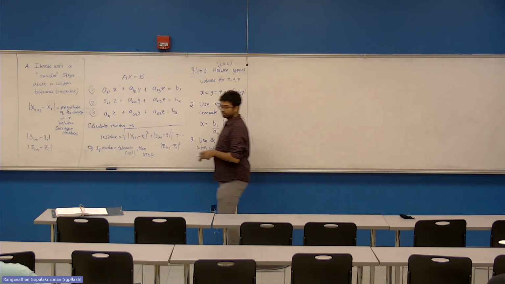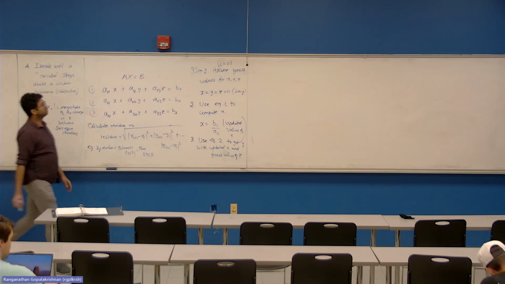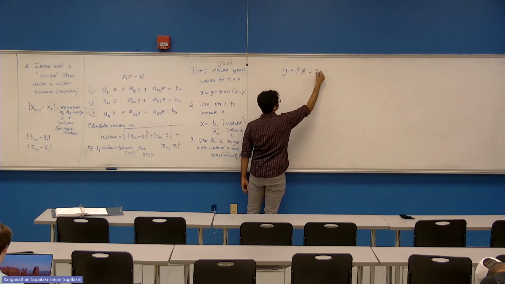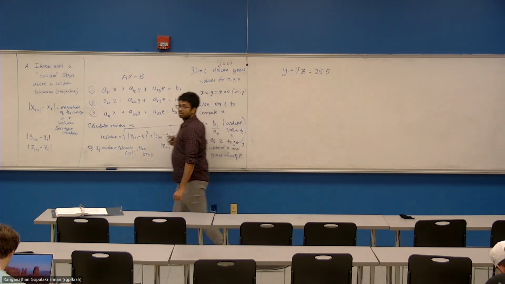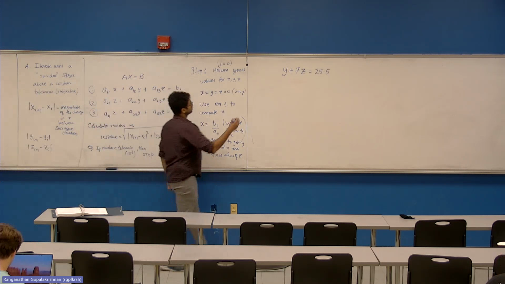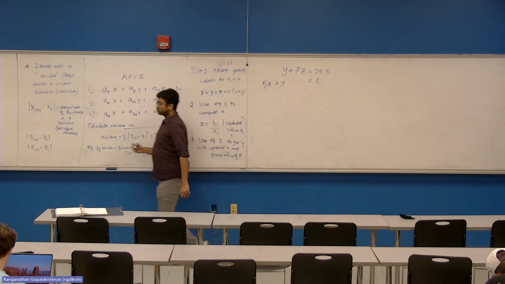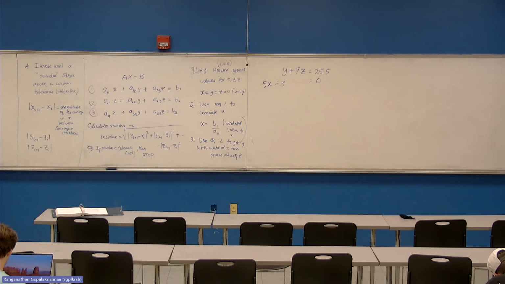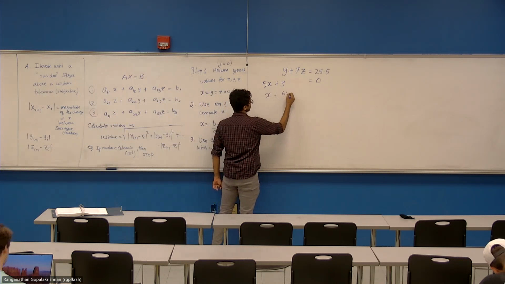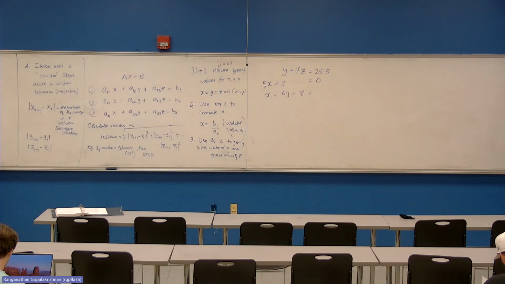I can read out the problem to you. y plus 7z equals 25.5. 5x plus y equals 0. x plus 6y plus z equal to minus 10.5.